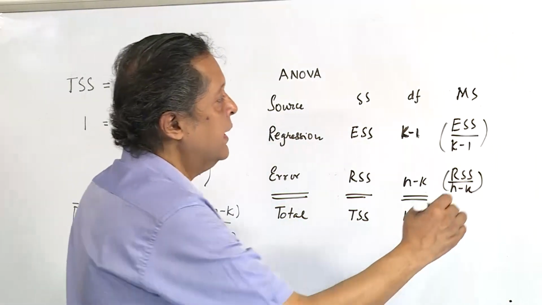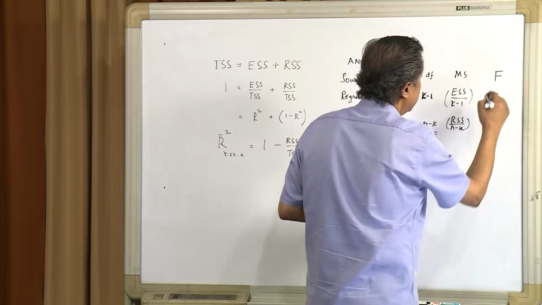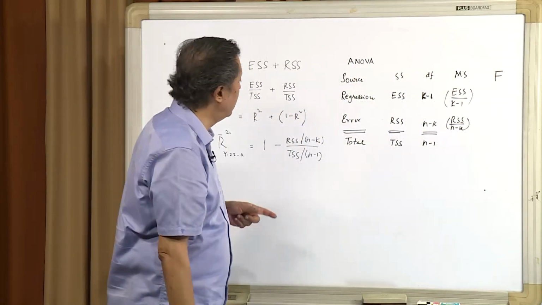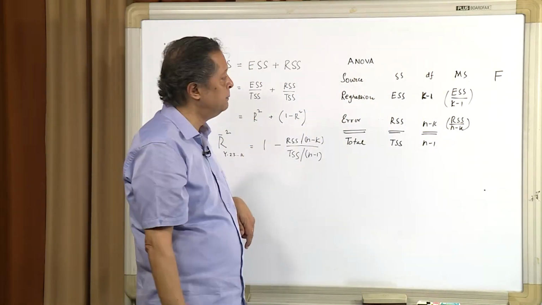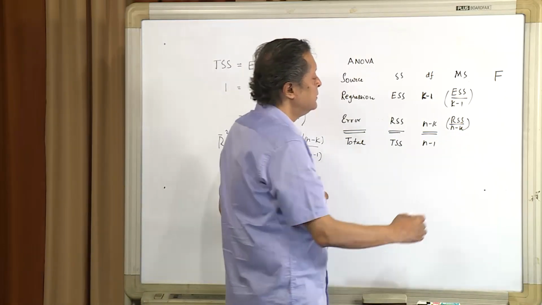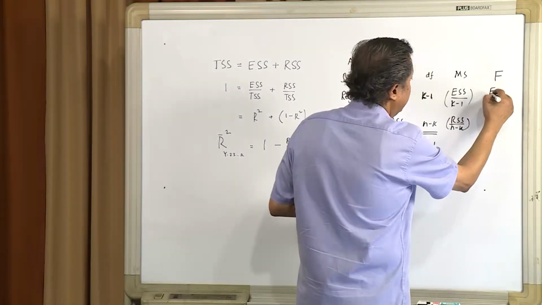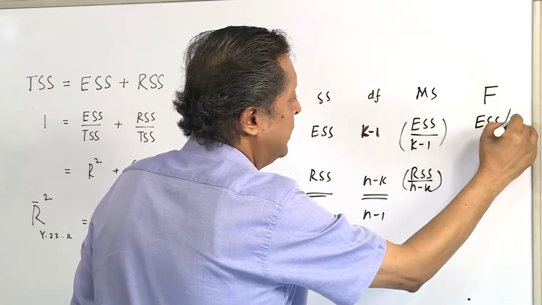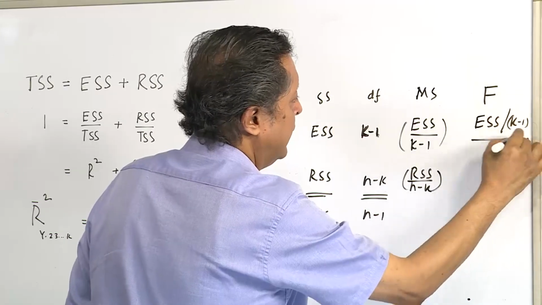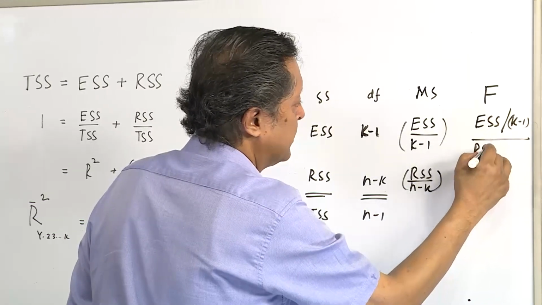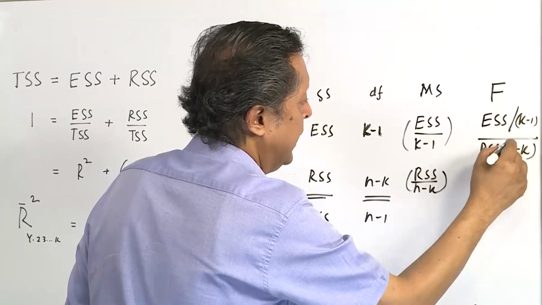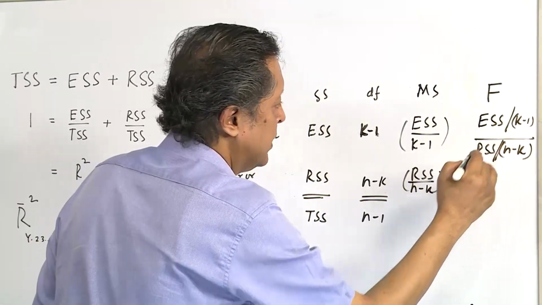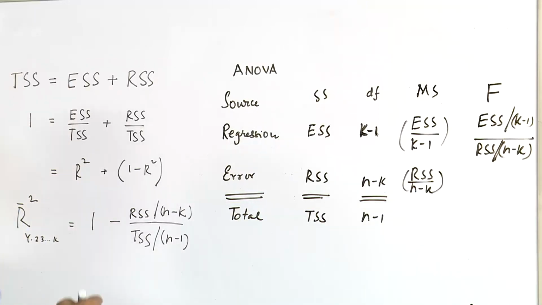We can find the F statistic for testing the overall goodness of fit of the model using ESS by k minus 1 divided by RSS by n minus k. Let us write this result clearly separately.